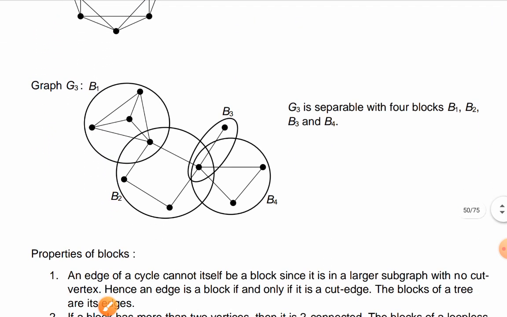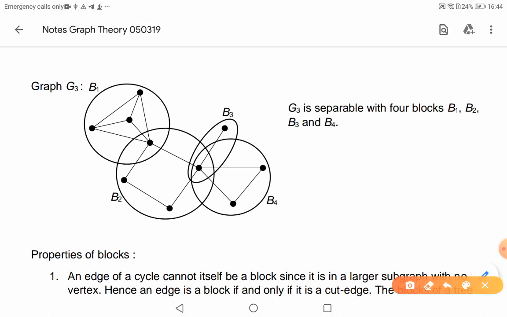So let's see the graph G1B. Here you have this cut vertex, so you can separate this into one block. Then you also have this cut vertex, so you have another block B2.